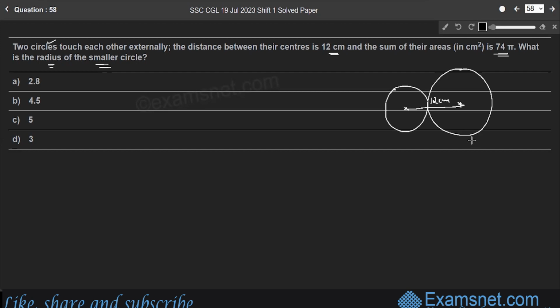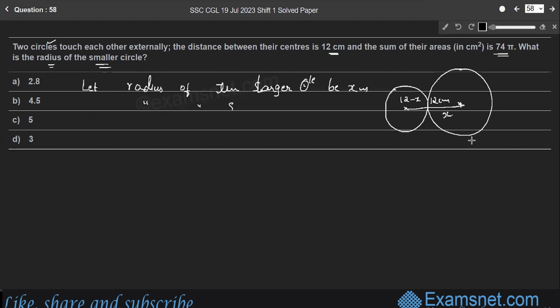So let the radius of the larger circle be x. Then smaller circle radius becomes 12 minus x. Right? So let the radius of the larger circle be x centimeter.